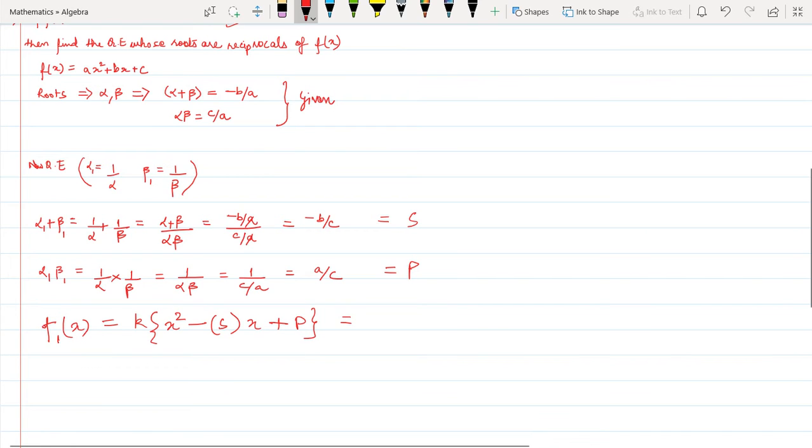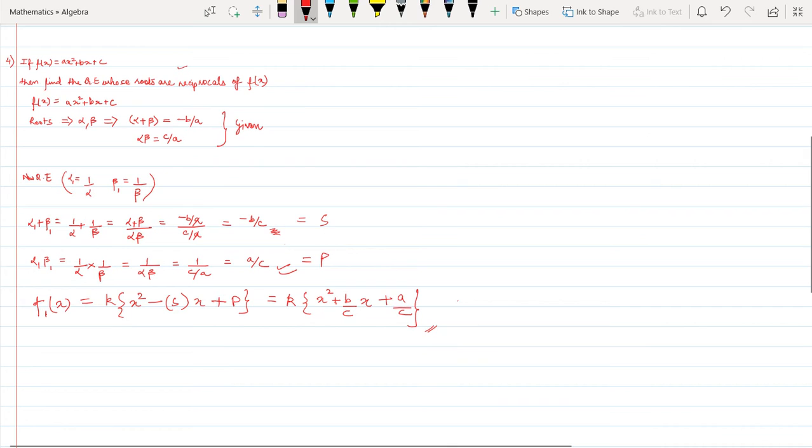I'll just fill in the values here really fast. k remains as k, x squared remains x squared, minus the sum of roots is minus of b by c, so I'll make this plus of b by c into x plus product of roots, which is a by c. And this, my friends, is the final answer. So this is the quadratic equation whose roots are the reciprocal of the roots of the quadratic equation ax squared plus bx plus c, with which we started originally.